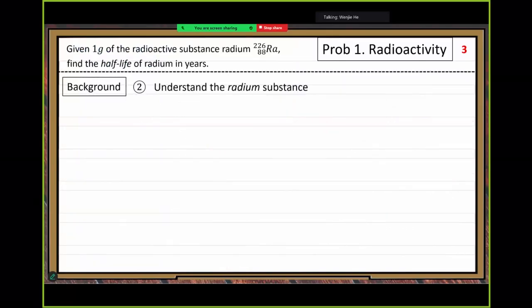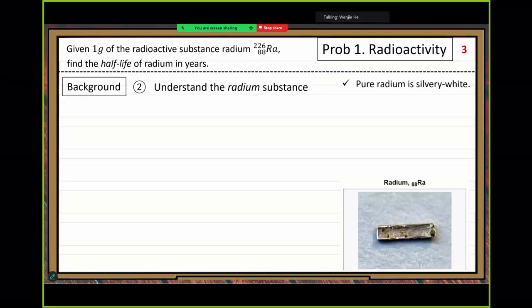Now, a little more background to understand the radium substance. Let's understand the meaning of 226 and 88. Pure radium is silver white.